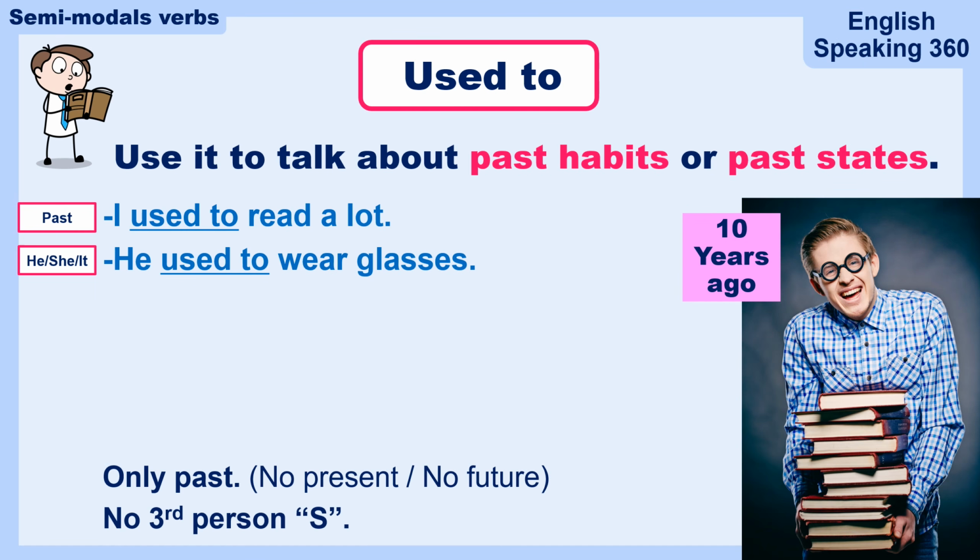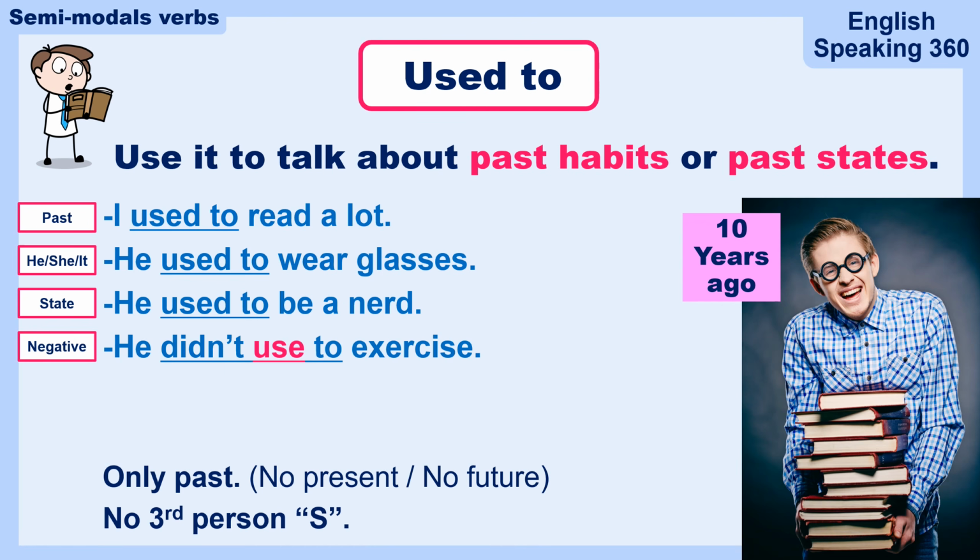So there is never a need for an S. As a state, because we said it's also for past states, he used to be a nerd. So because of the verb to be, it is a state. 10 years ago, he was a nerd, but now he is not a nerd anymore.